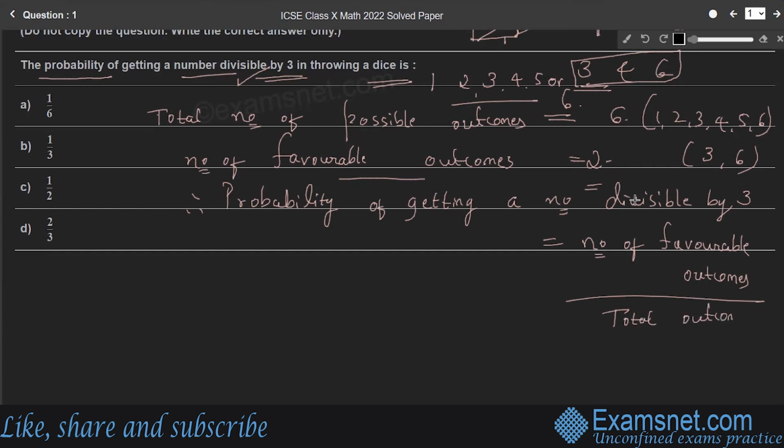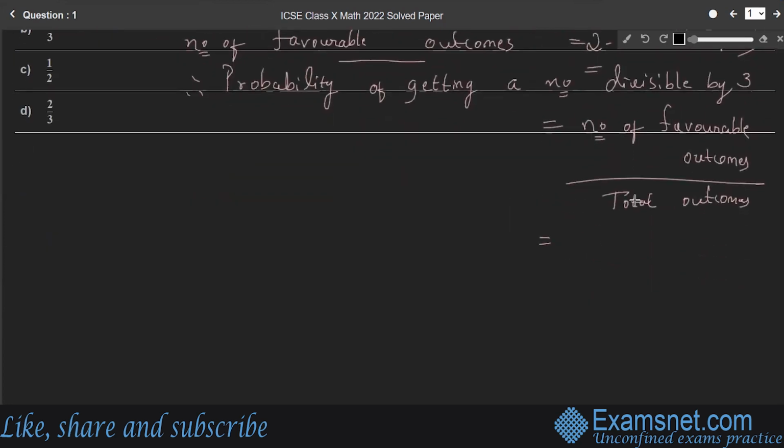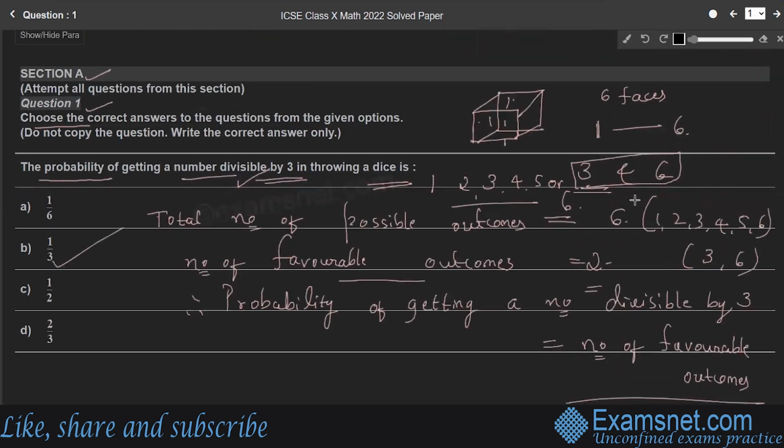Here number of favorable outcomes is equal to 2. Favorable outcomes are nothing but numbers which are divisible by 3. So there are 2 numbers divisible by 3 out of 6. Therefore, probability of getting a number which is divisible by 3 is 1 by 3. Looking at the options, Option B is the right answer.